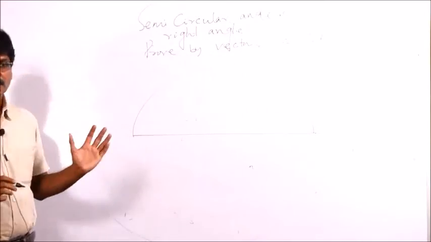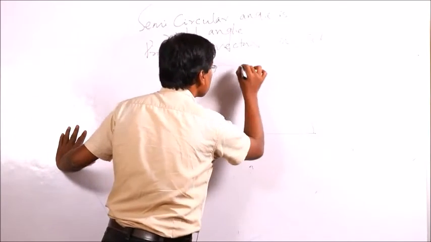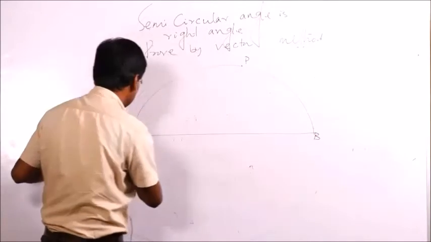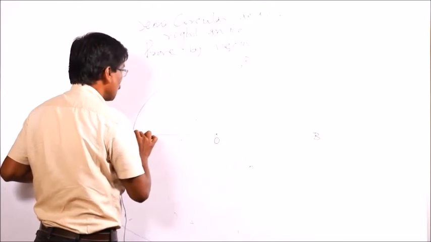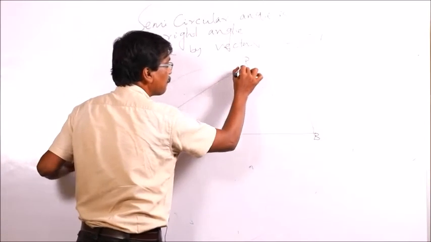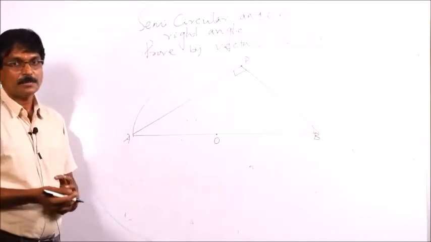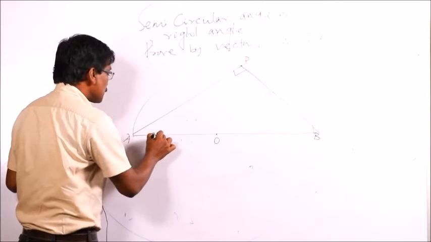So we can take a circle, say with center O, with points A, P, B. O is the center and angle P is 90 degrees. We can prove it by vector method. So suppose this is A vector.